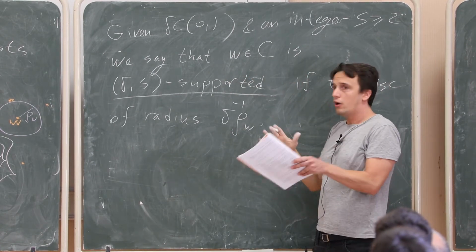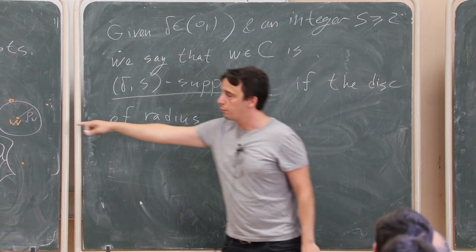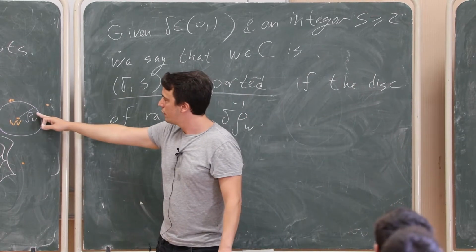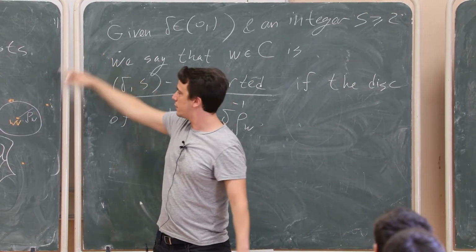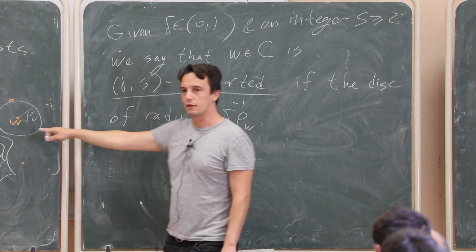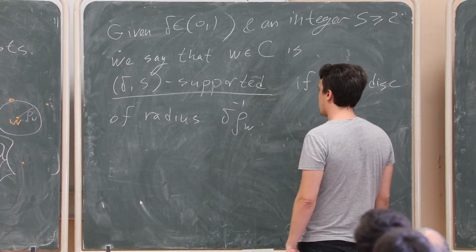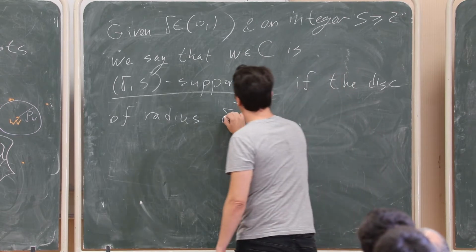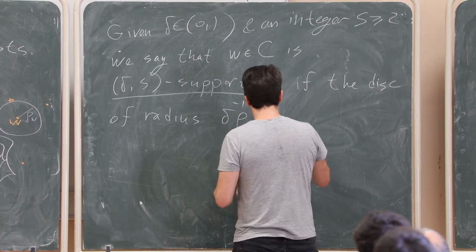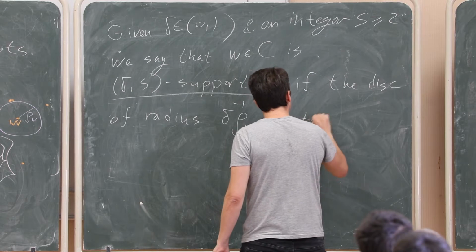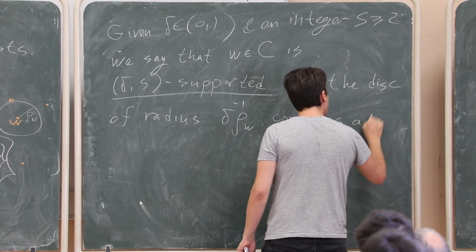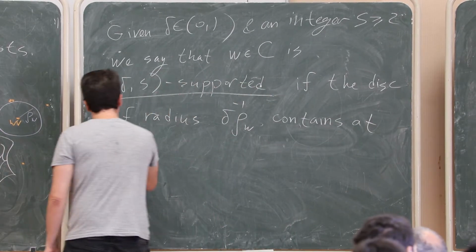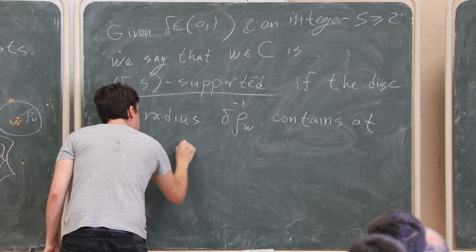We look at a large disk around the point, much larger by some large multiplicative constant, of rho(w). If the disk of radius delta^{-1} rho(w) contains at least S points.